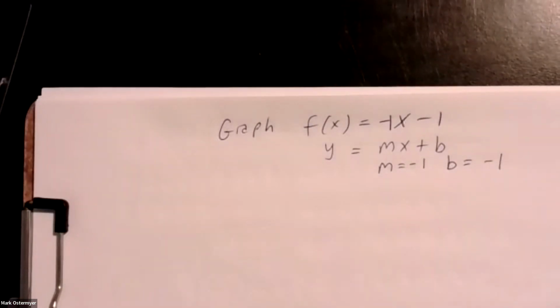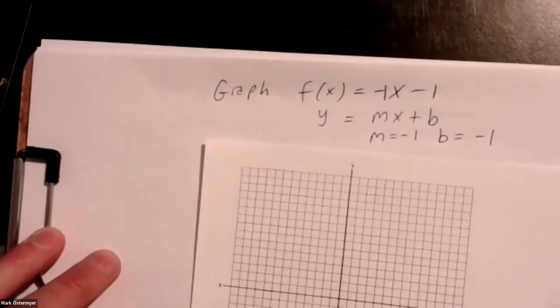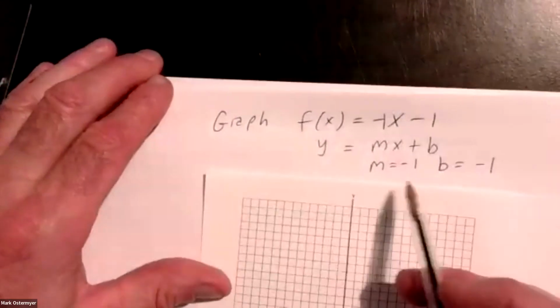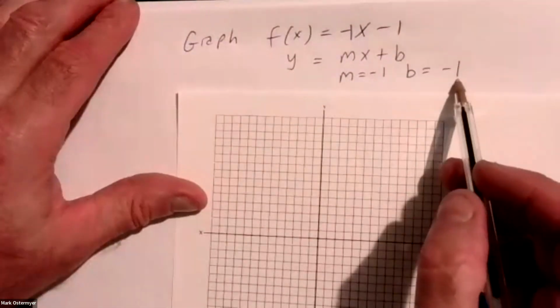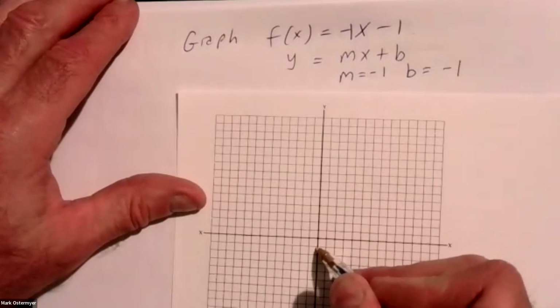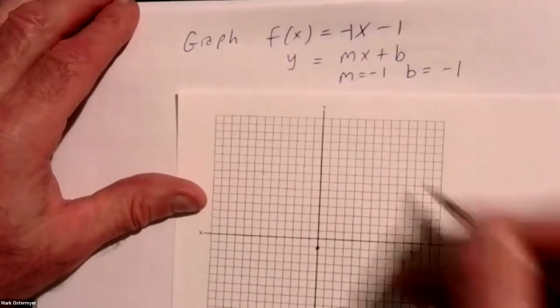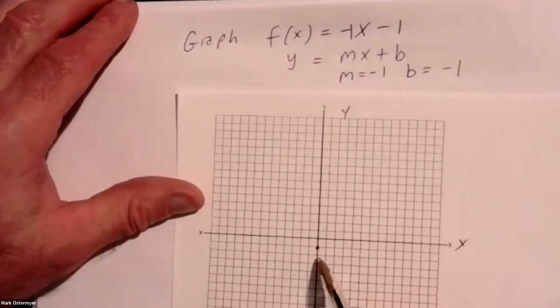So here's what I'm going to do. To graph that, I'm going to get a piece of graphing paper. And we're going to graph that line. So y equal to negative x minus 1 is easy to graph because we know the y-intercept is -1. So I'm going to plot the y-intercept right there. And then my slope is -1.